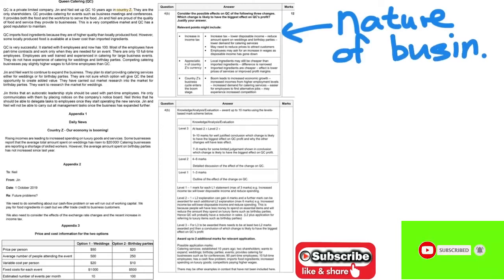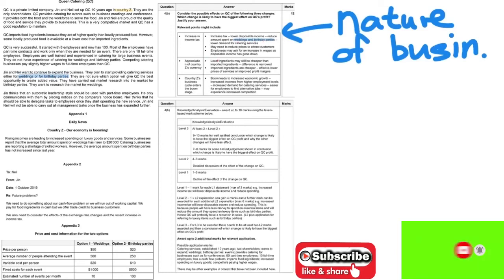From the source it talks about they do wedding and birthday parties. Okay, so think about it. Who will do the wedding and birthday parties? The poor, or the rich, or the middle class? Of course it might be the middle class. So it might be the case that their target customers are affected.